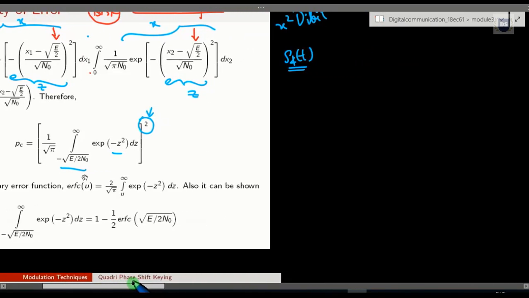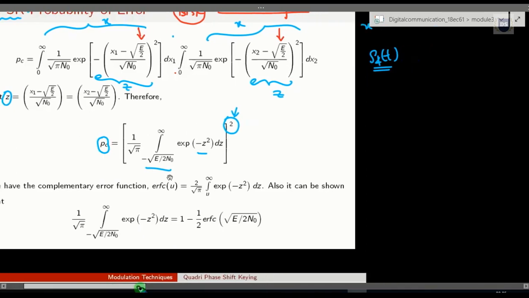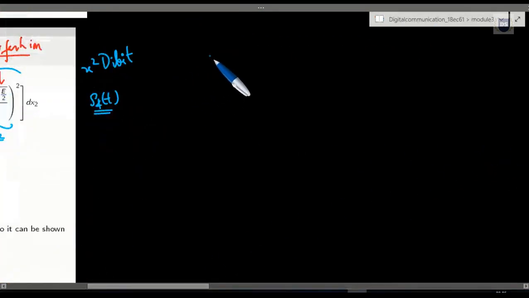Right now, all we are trying to do is derive the probability of the correct event, because we already know that the probability of the correct event plus the probability of the error event is equal to 1, where this 1 is nothing but the probability of the sample space.